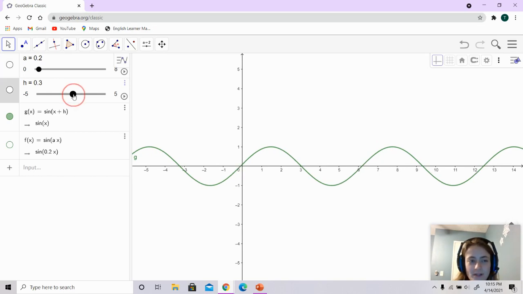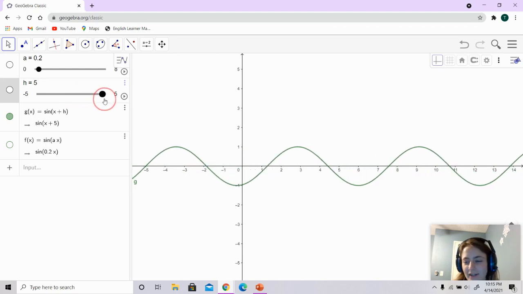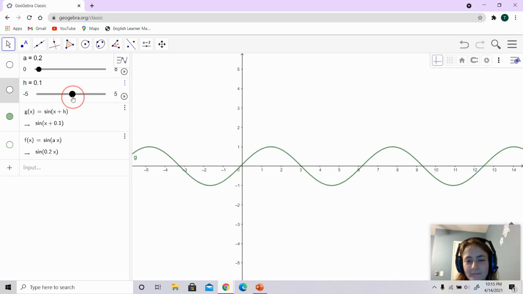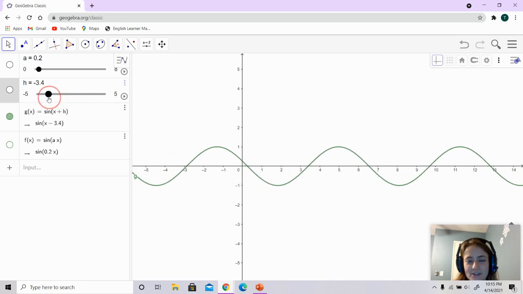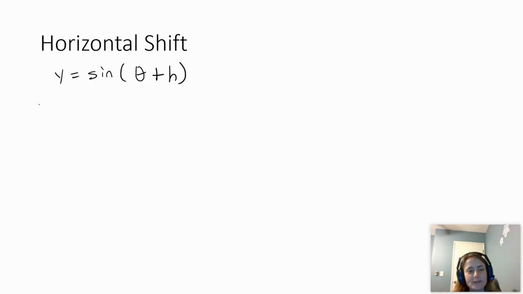So if h is positive, we see that it's moving to the left. Go back to 0. If h is negative, we see that it's shifting to the right. Okay. So we noticed that h is the horizontal shift, either left or right.